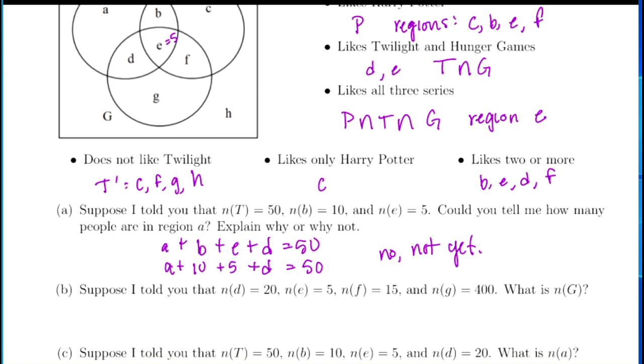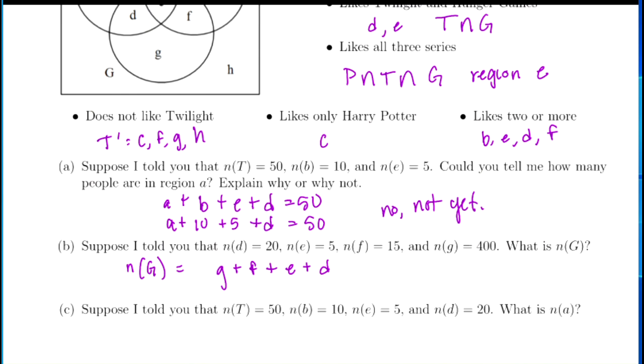The number of things in big G would be equal to the number of things in each of those regions, G, F, E, and D. G is 400, F is 15, E is 5, and D is 20. So we actually know how many fans there are who like the Hunger Games, and that's 440. Just add all those up.